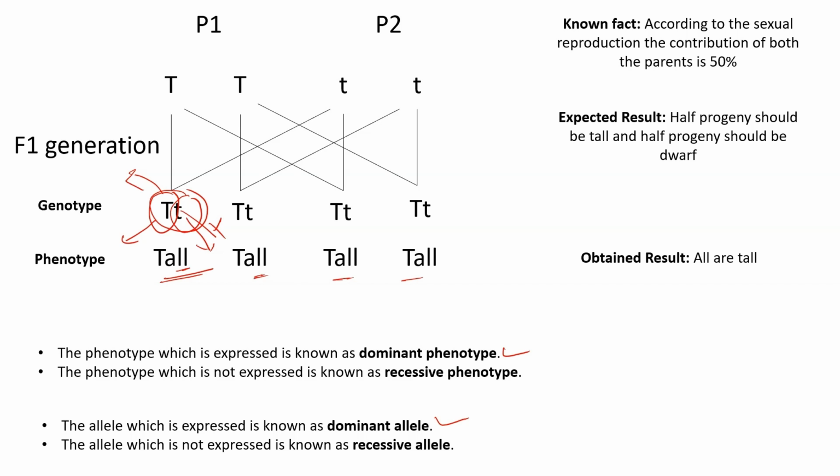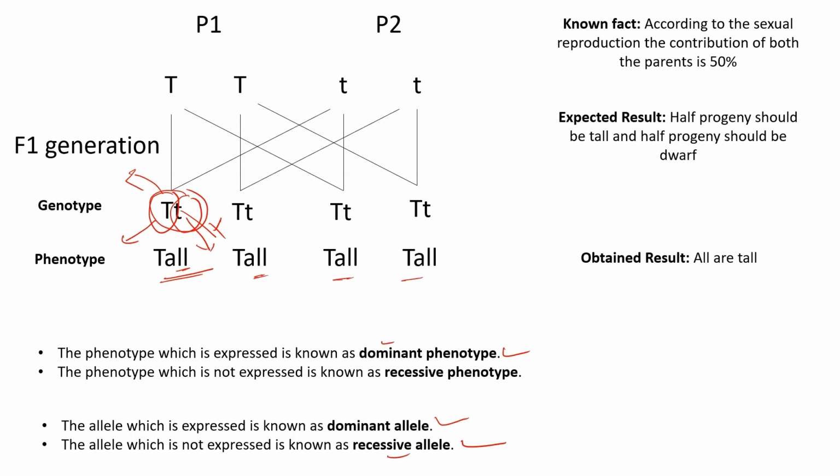The allele which is not expressed is known as recessive allele. Clear? So the phenotype which is expressed is dominant. Similarly, the allele which is expressed is a dominant allele. So from here, we can understand about dominance and recessiveness.